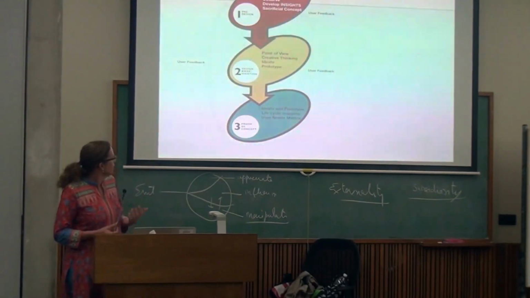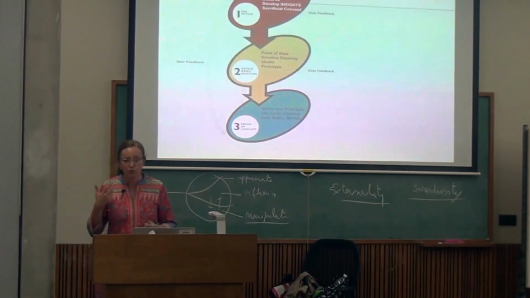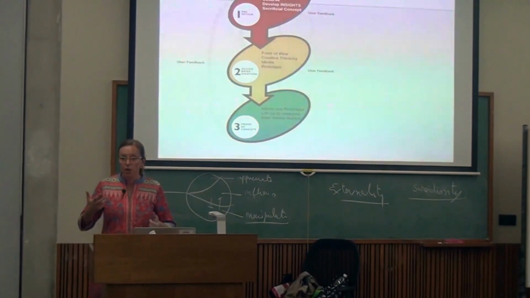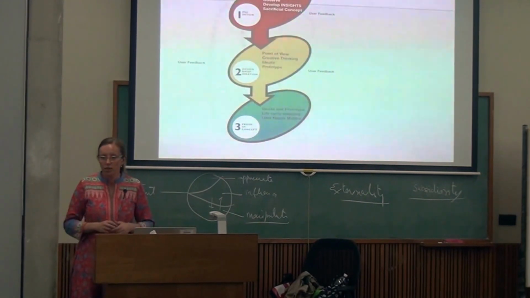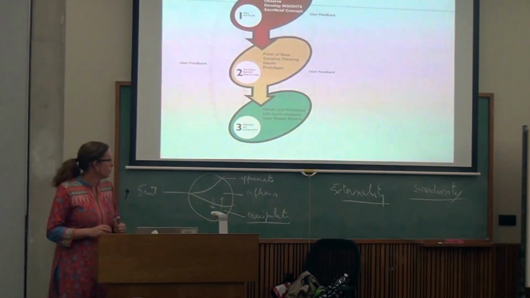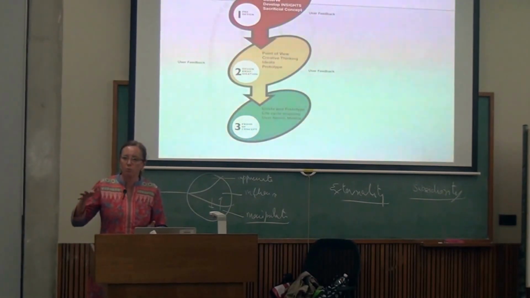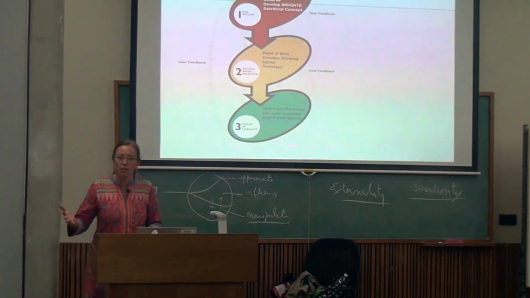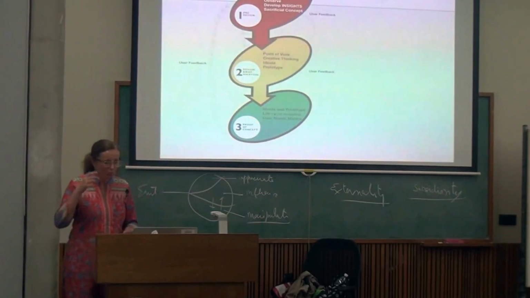The second stage of the design process would be about developing a point of view or a design brief, where you narrow the problem to a statement about how you can solve it. That is a really important part of the process, because until you know what the problem might be that you're trying to solve, it's very hard to have a creative solution.